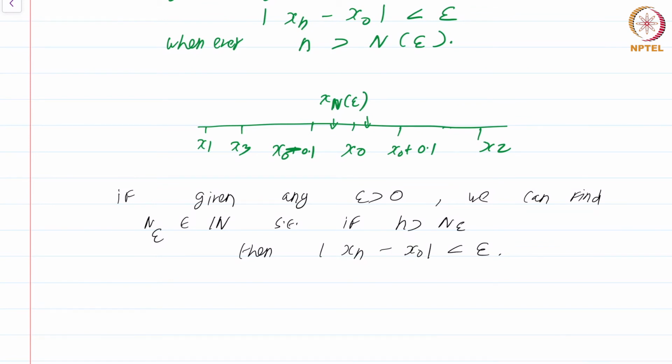The reason why I have given a functional notation is because in the standard definition, the order of quantifiers is the key, and it's difficult to appreciate how the order of quantifiers can greatly influence the meaning of a statement. So we will do a deep dive of this definition in a future module. Till then, familiarize yourself with both the definition in terms of a function N from R plus to natural numbers, as well as the standard textbook definition.